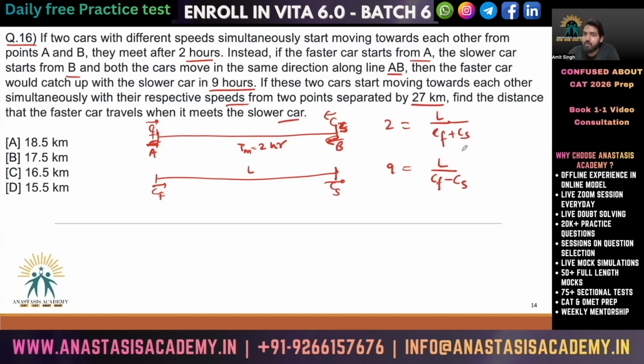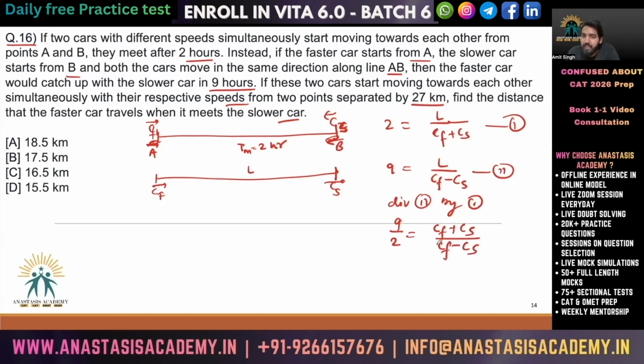If I divide these two relations, let's divide the second by the first. So what do I get? 9 by 2 is equal to (car faster plus car slower) upon (car faster minus car slower).